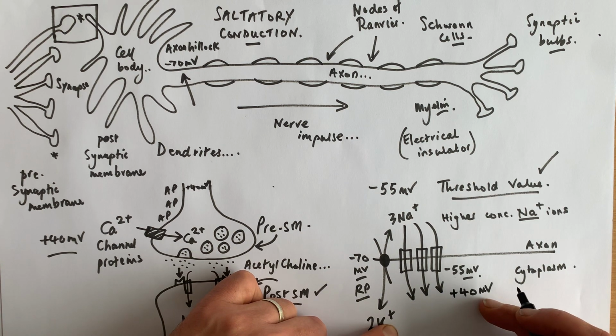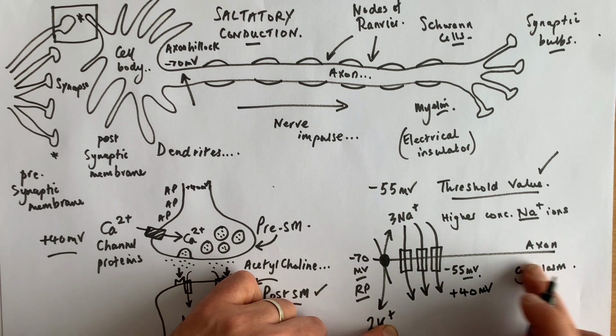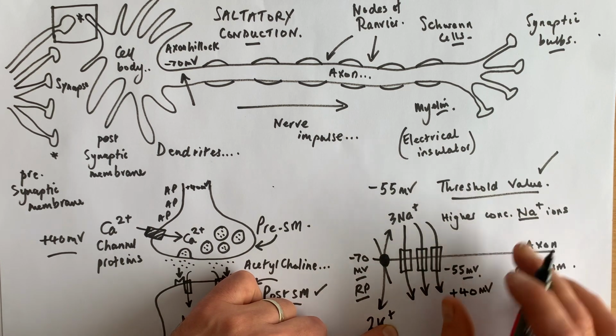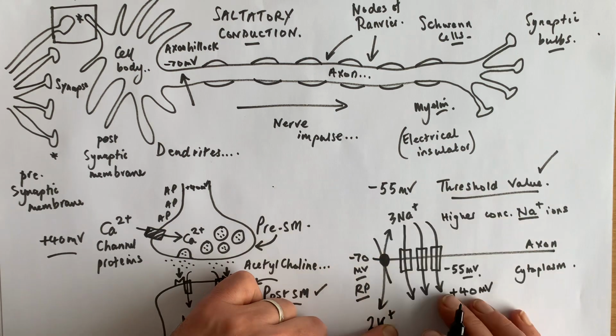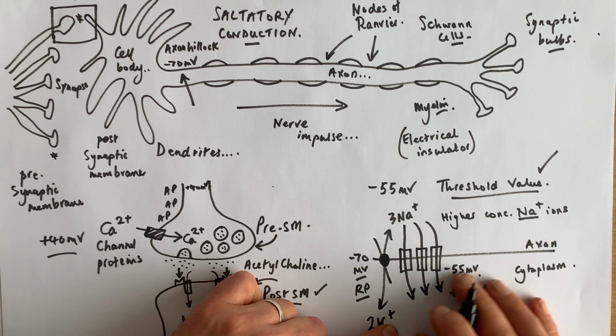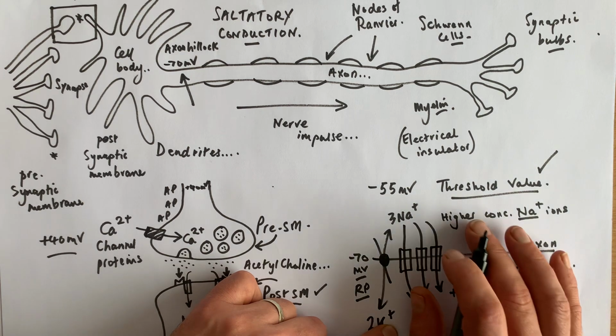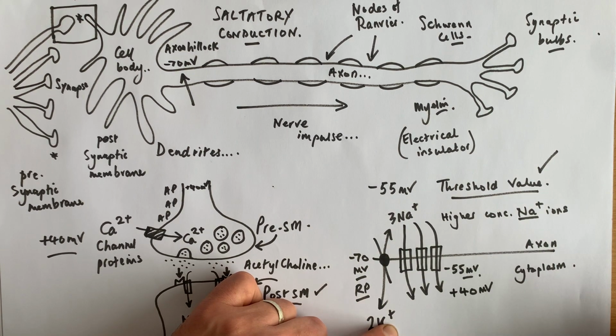So the membrane potential is always the charge of the cytoplasm in relation to the outside charge in the tissue fluid. So if there's loads of sodium ions that diffuse in now by facilitated diffusion, it means actually the charge in the cytoplasm is plus or positive in comparison to the outside of the axon.